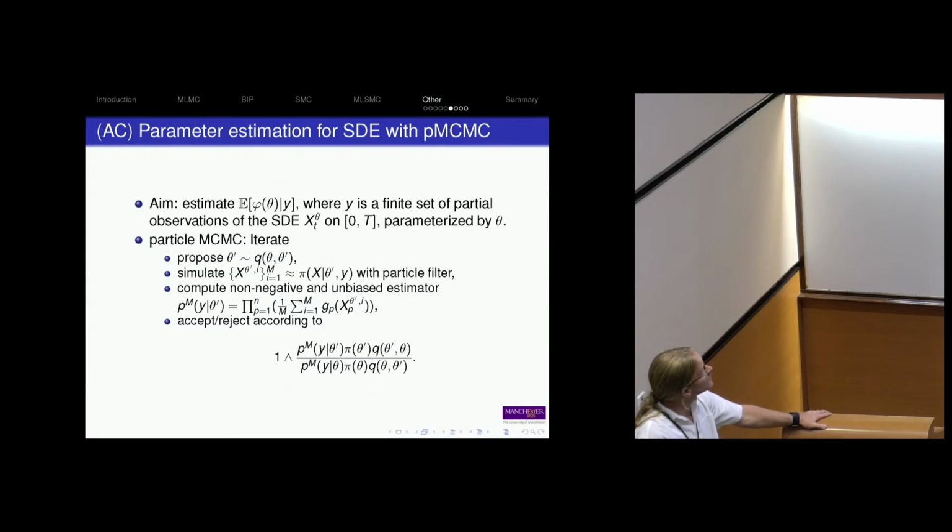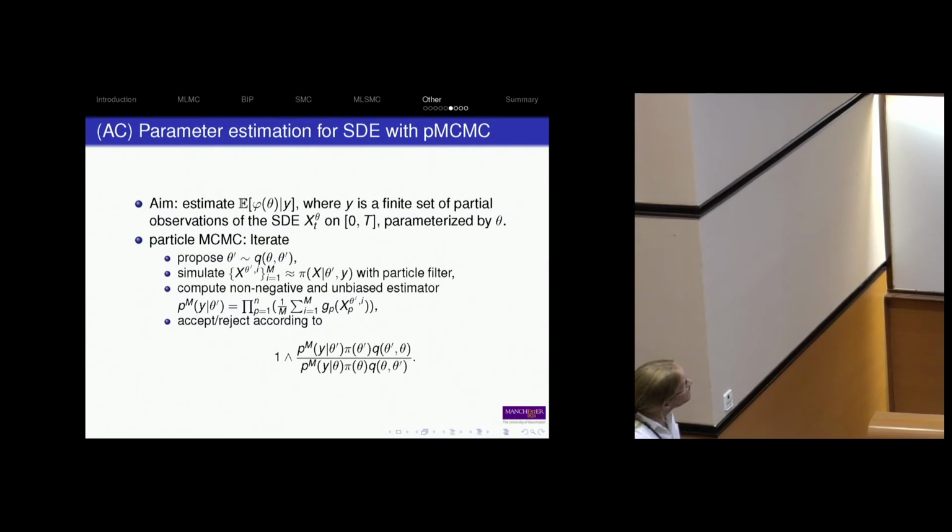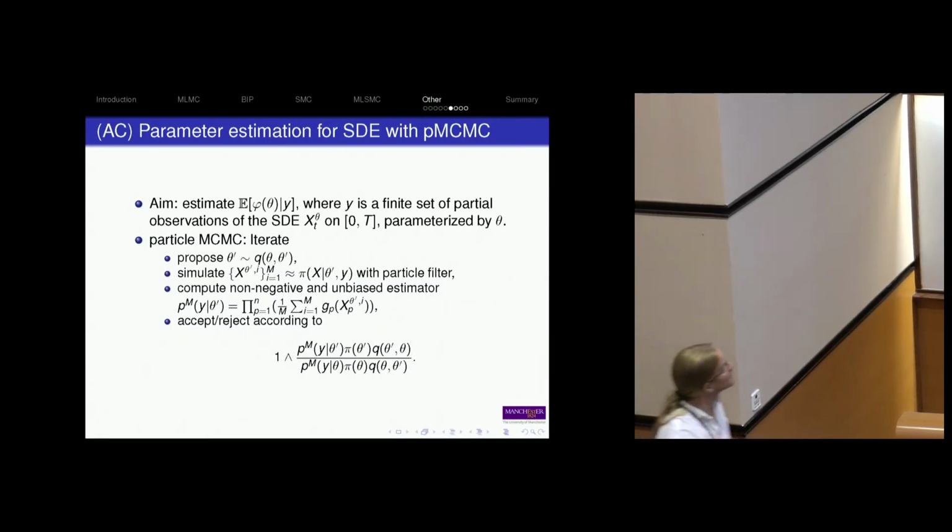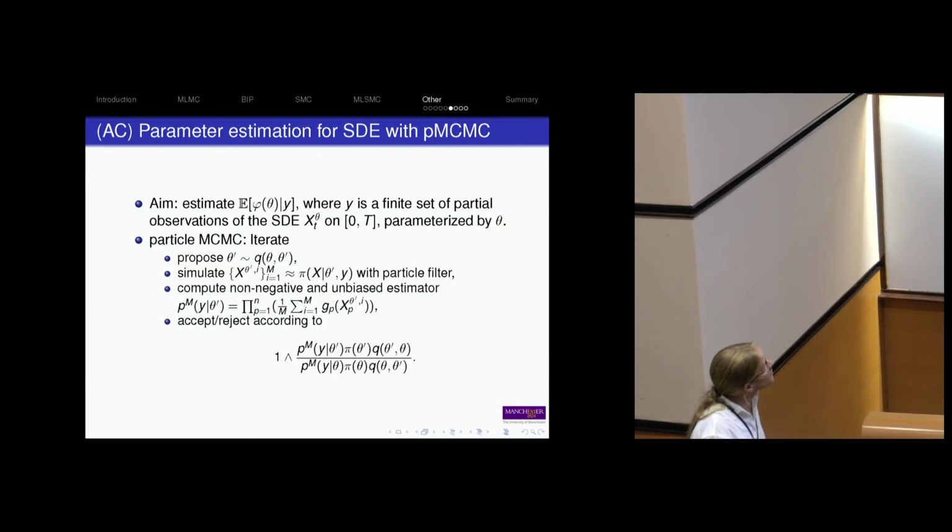So this is particle MCMC, or in fact particle marginal Metropolis-Hastings in particular, not to be confused with the particle Gibbs, which has been talked about already a bit here this week. Particle marginal Metropolis-Hastings goes like this.